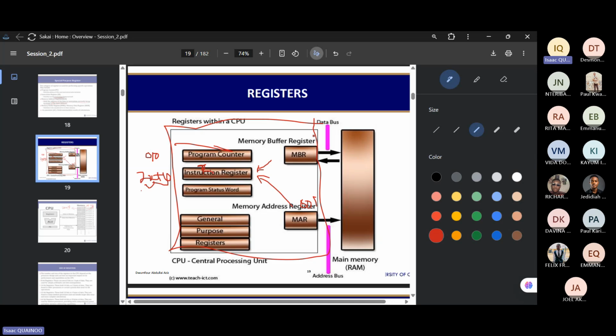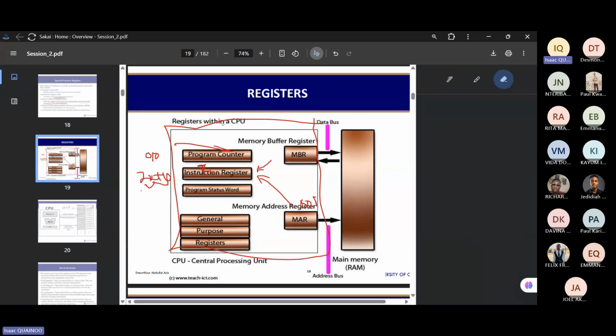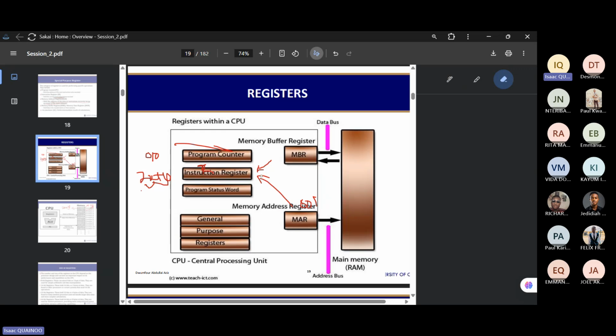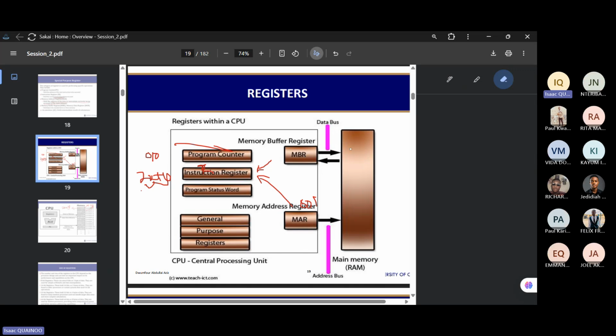What it does is that it provides a computer a way to store interim data, okay, or data that would be needed, as in that is like needed or that would be used per time. Okay, it picks those data from the RAM. And what happens is that the memory buffer register picks the data that is the next data that is to be performed and then sends it here.